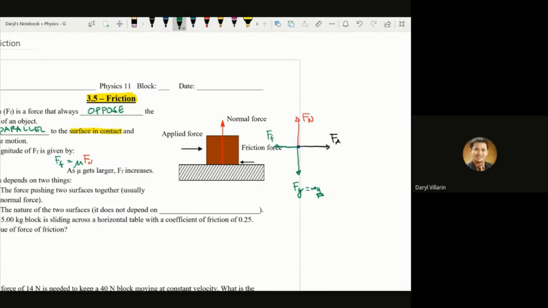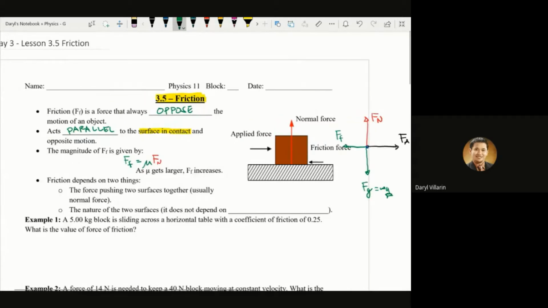Although in our previous discussion, we assumed that friction is non-existent, so that's why we can eliminate the friction force. But in reality, friction is present.